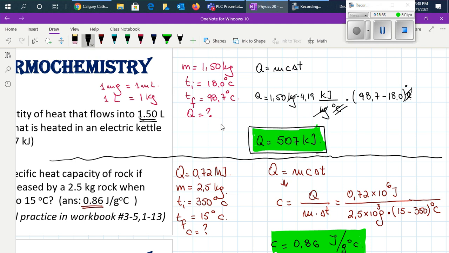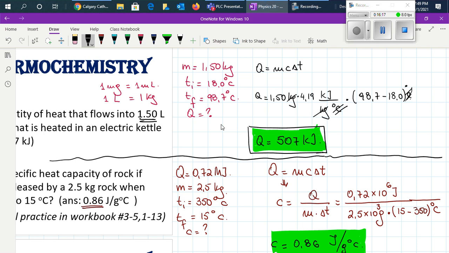It is the energy put into the object to change the temperature of 1 gram of material by 1 degree. So it doesn't really matter.